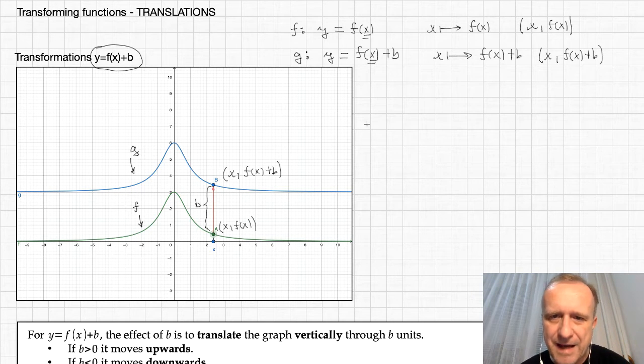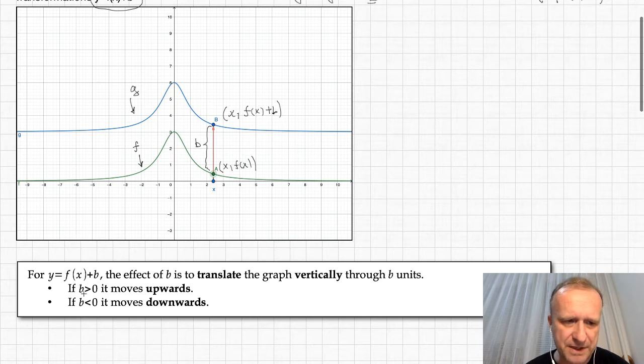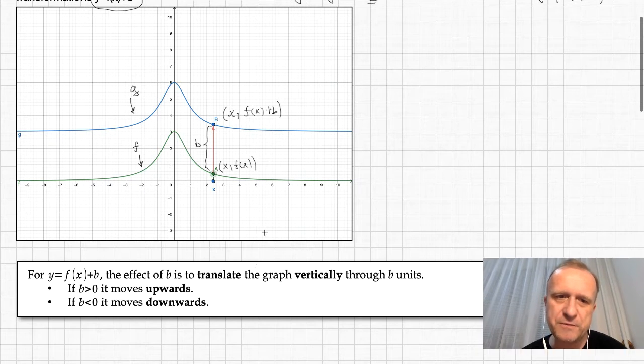Now this means that these two functions f and g are related, and the relationship is such that the function g is obtained by translating the function f, or the graph of the function f, upwards by b units. And this is written down here, so let us read it. For y equals f of x plus b, the effect of b is to translate the graph vertically through b units. If b is positive, it moves upwards, and if b is negative, then of course it would move downwards.